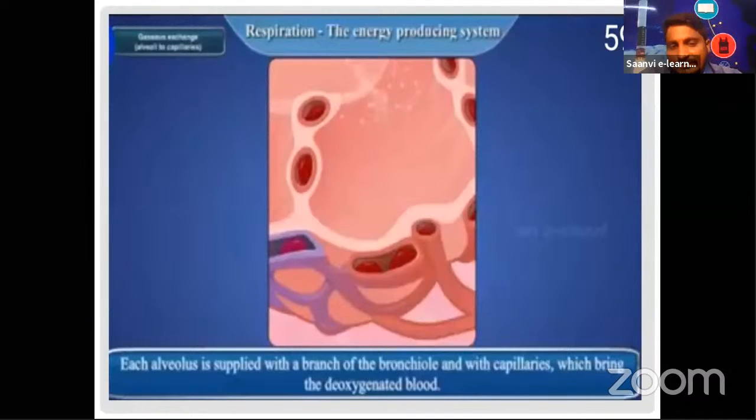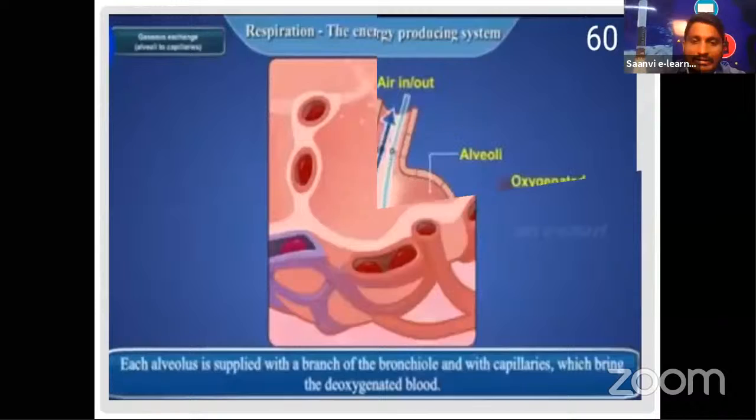Each alveolus is supplied with a branch of bronchiole and with capillaries, as we discussed just now, which bring the deoxygenated blood.